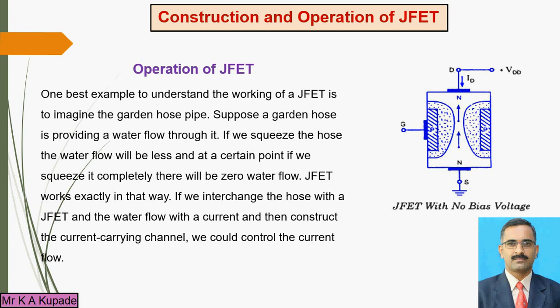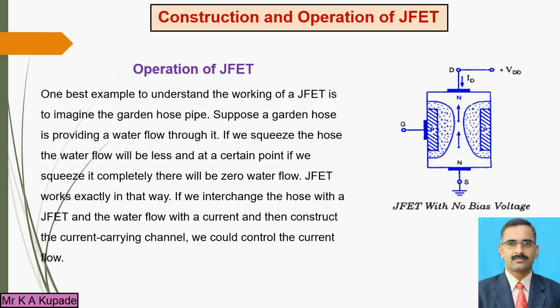Just memorize that situation. You are squeezing the hose pipe which is carrying the water in the garden. Due to that squeeze, what happens? The flow of water gets less. And if you squeeze it tightly, completely, then what happens? At one moment the water flow comes to zero.